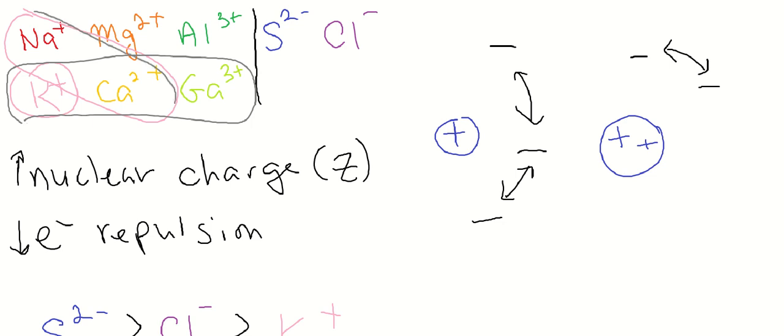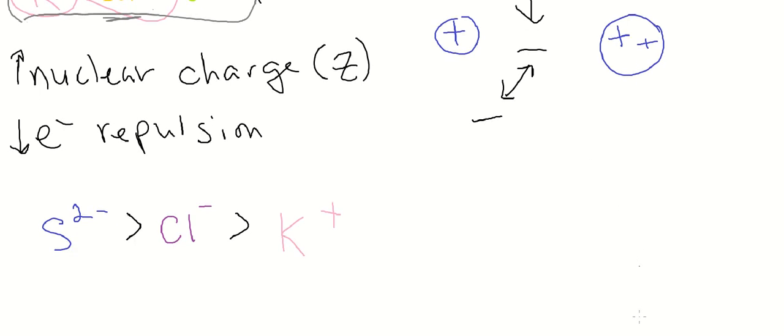So calcium is going to be bigger than magnesium. We know that. And then gallium is going to be bigger than aluminum. We know that. But the second factor is that nuclear charge. Because this is losing 2 electrons, it's going to have a much greater effective nuclear charge than the sodium cation. All right, so I don't know how a student would know. So I'm going to stack them on top of each other.